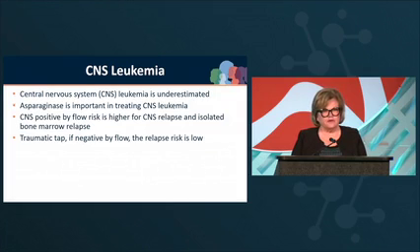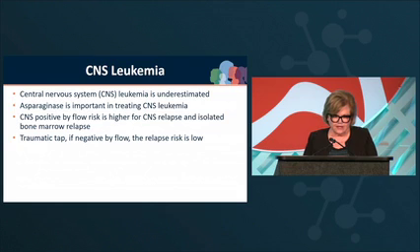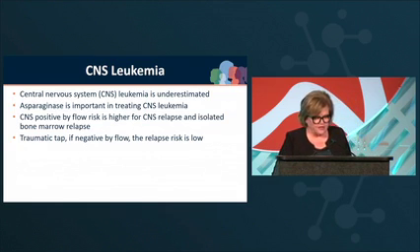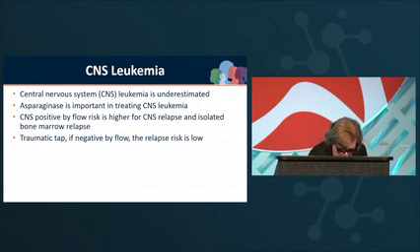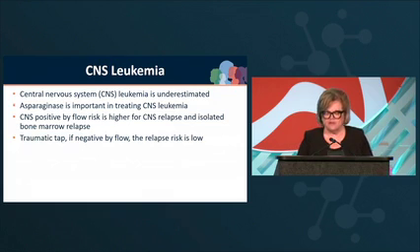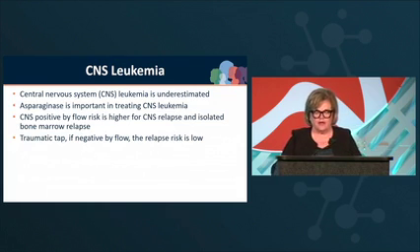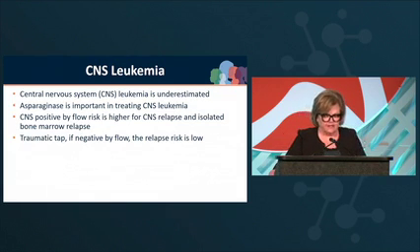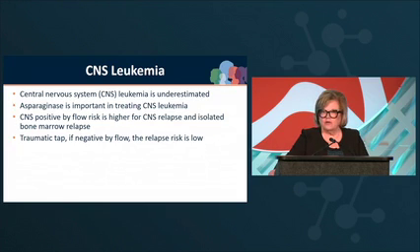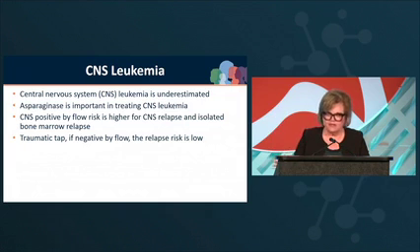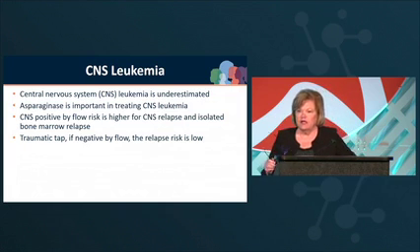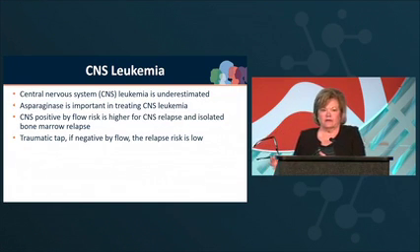And we know that asparaginase is also important in treating CNS leukemia, and that CNS positivity by flow is higher, as we said, in those that have a subsequent relapse of the spinal fluid and the isolated bone marrow relapse. One of the things we always looked at when we were doing our spinal taps, back in my day as a nurse practitioner, was a traumatic tap.